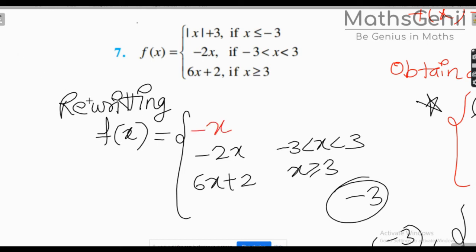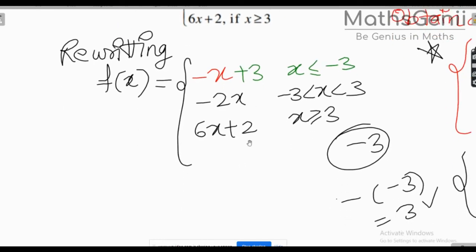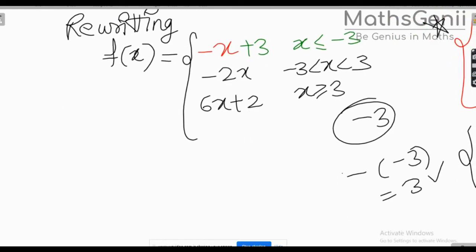This is going to be minus x. Okay. Now that we have rewritten the question, we are in a position to solve it.